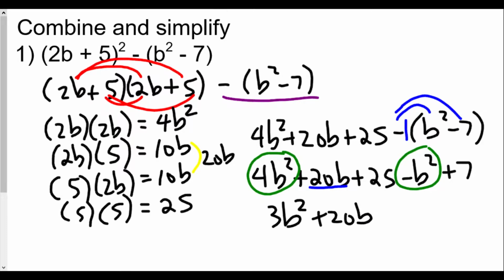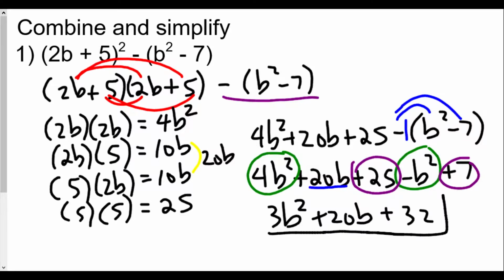And then finally, we have the positive 25 and the positive 7. We add those together, and we get a plus 32. And this will be the final answer after we distribute and combine and simplify like terms.